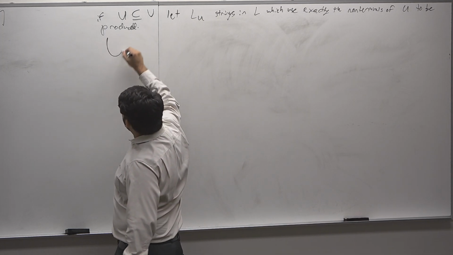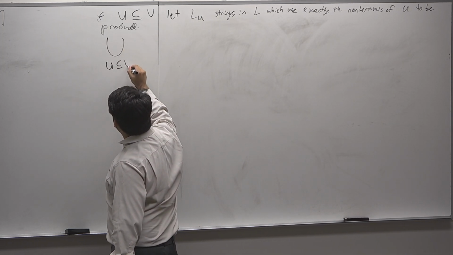Pop quiz. What is the union, for each possible subset U of V, of L of U?